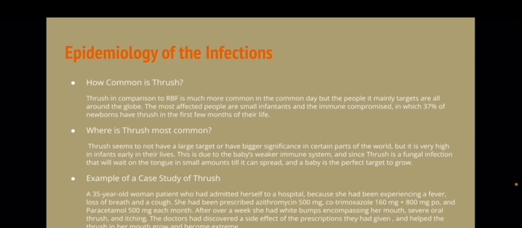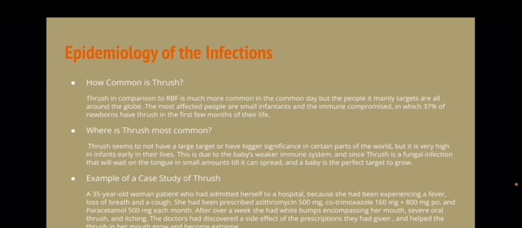An example of a case study of thrush is when a 65-year-old woman was admitted to a hospital because she had been experiencing fever, shortness of breath, and cough. She was prescribed azithromycin of 50 milligrams, cotrimoxazole of 160 milligrams, and 800 milligrams of it monthly, and paracetamol 10 milligrams each month.